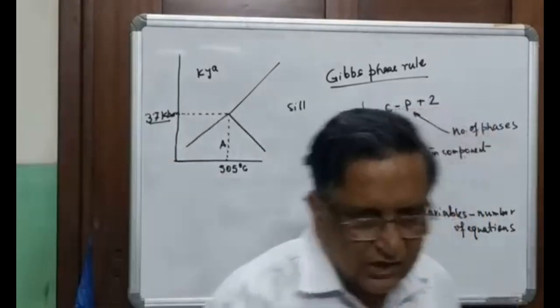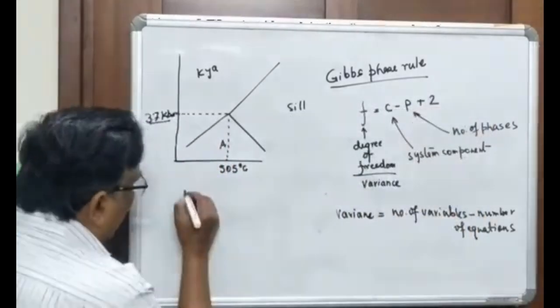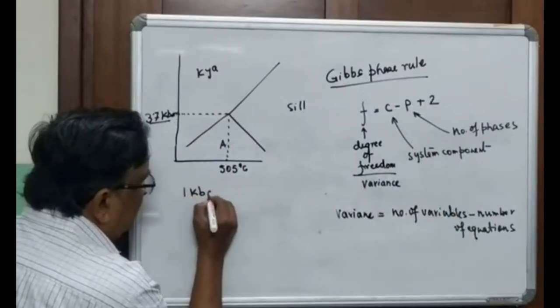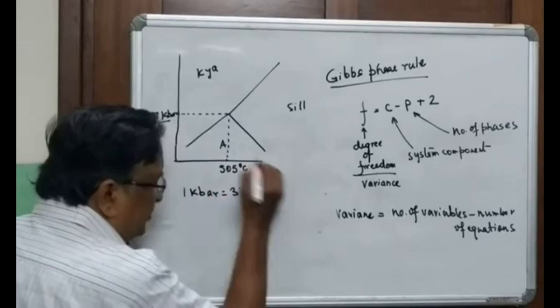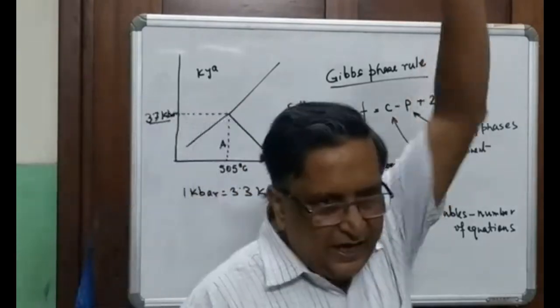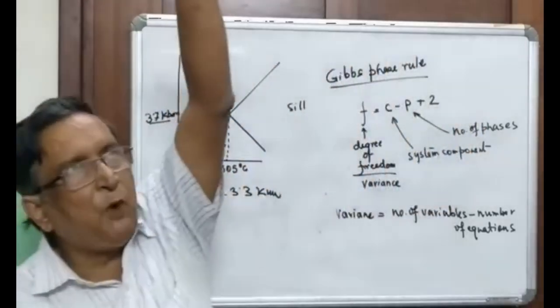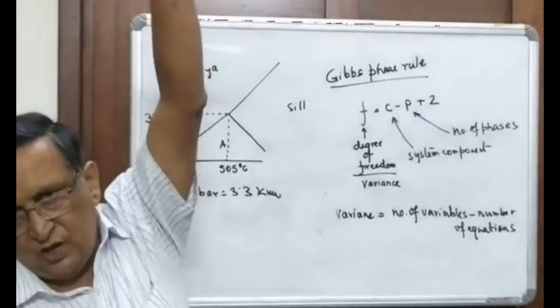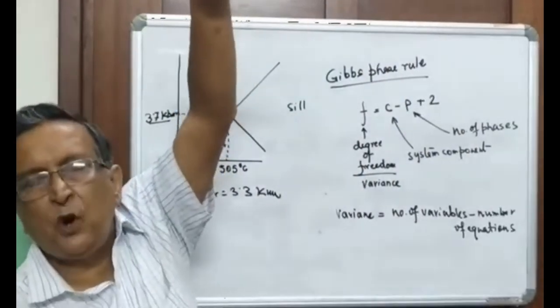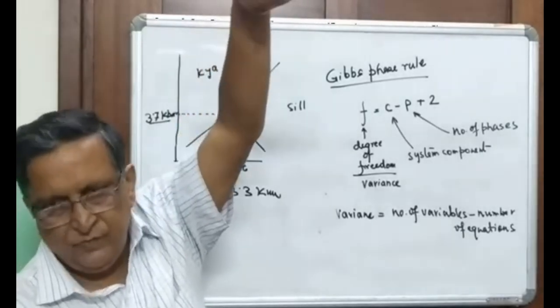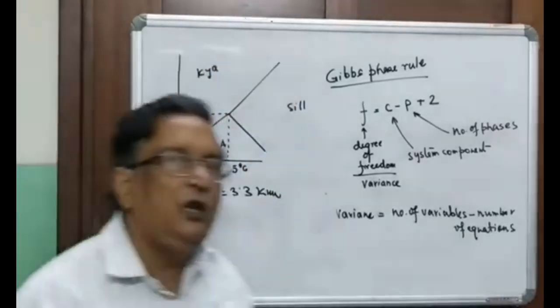Now, at crustal depths, 1 kilobar is equal to 3.3 kilometers. That means if you have a column of 3.3 kilometers of the crust, at the base of that 3.3 kilometer column, you get 1 kilobar pressure.